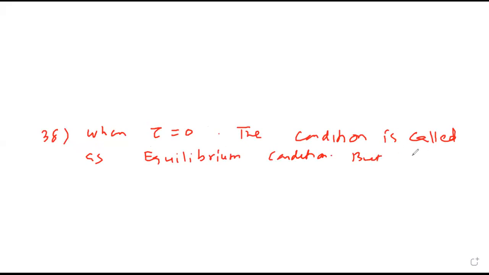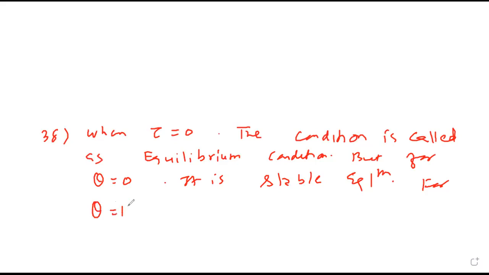But for theta equals to 0, it is stable equilibrium. For theta equal to 180, it is unstable equilibrium.